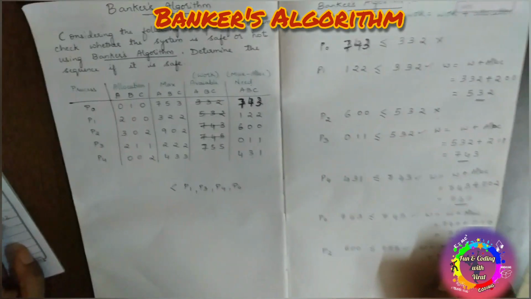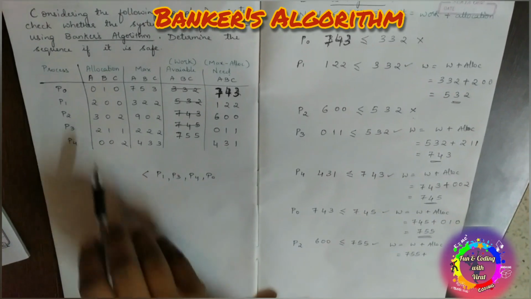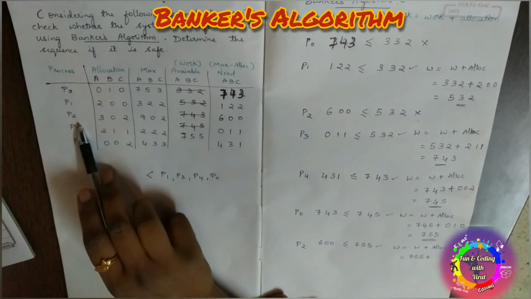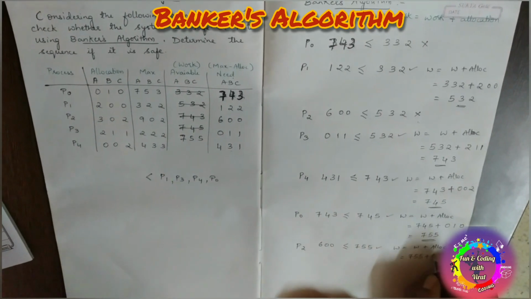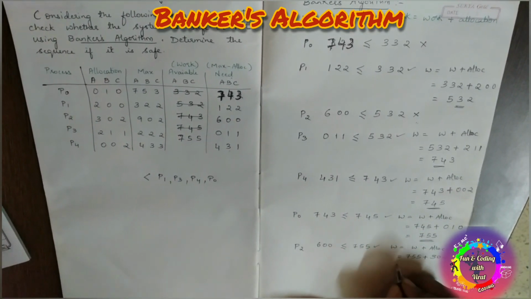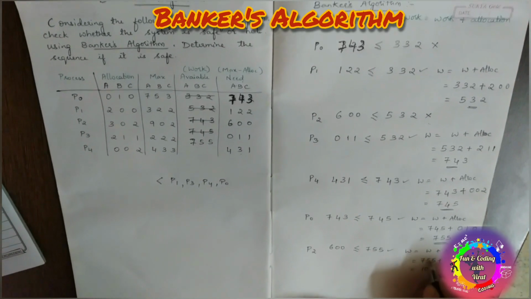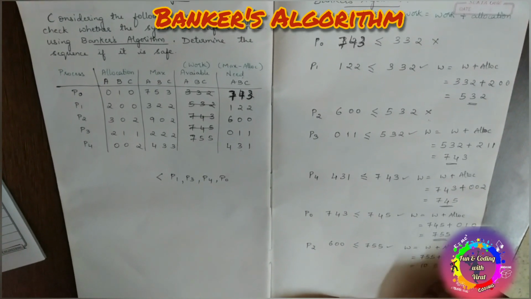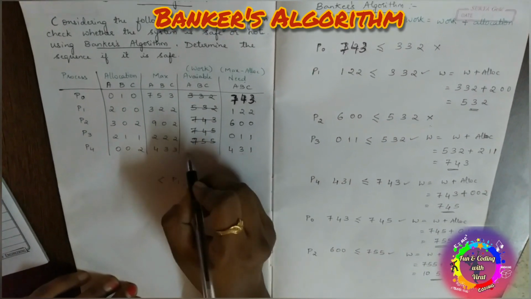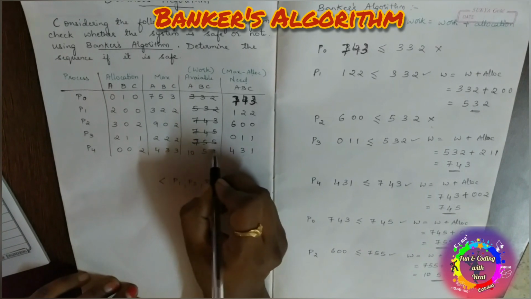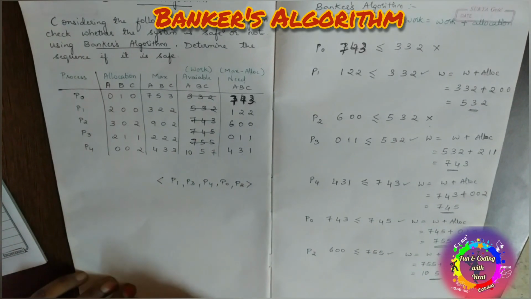Work is 7 5 5 plus the allocation of P2, which is 3 0 2. So what is the value? 7 plus 3, 10. 5 plus 0, 5. 5 plus 2, 7. This value we need to update here: 10, 5, 7. The last process which entered is P2.